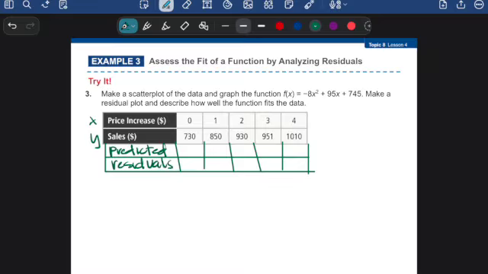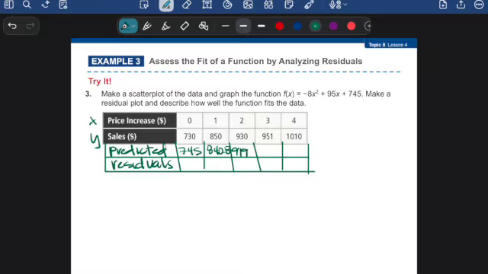Let's practice doing that. So using this equation, if I plug in 0, I'm going to get 745. If I plug in 1, I'm going to have -8 plus 95 plus 745. So I would predict to get 840.8. If I plug in 2, I'd get -16 plus 190 plus 745. That would give me about 919.